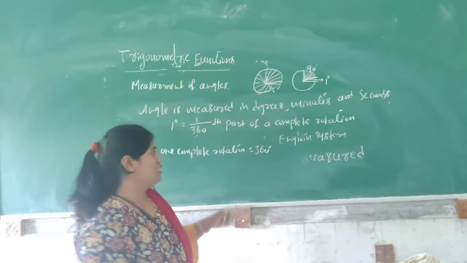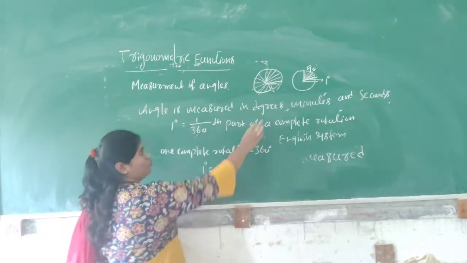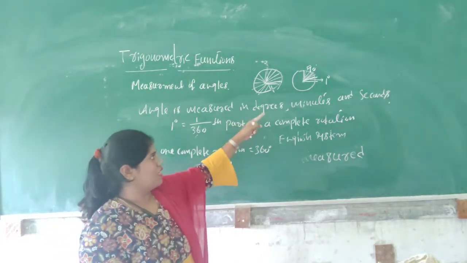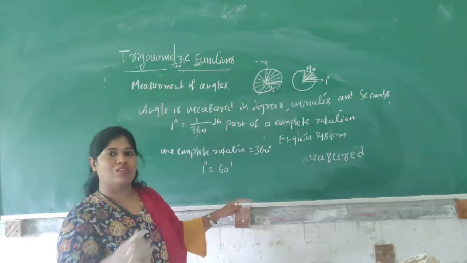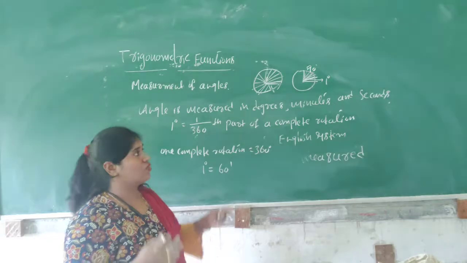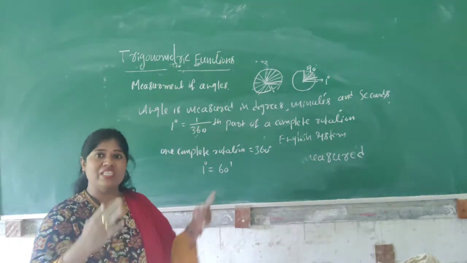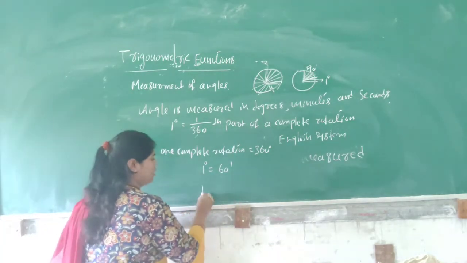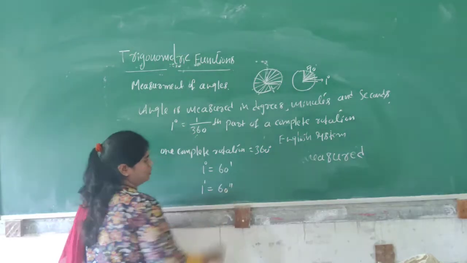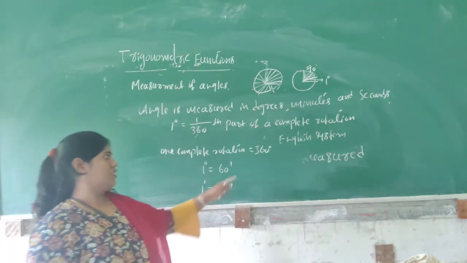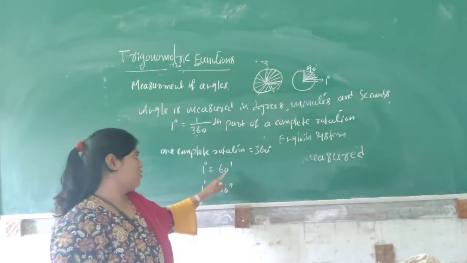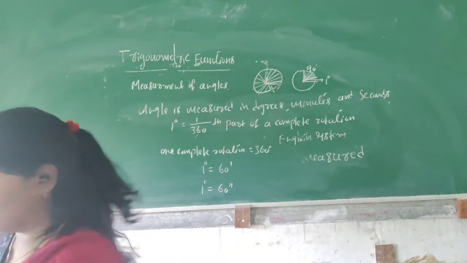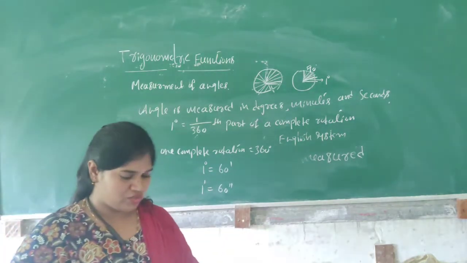That is 360 degrees. 1 degree is equal to 60 minutes, and 1 minute is equal to 60 seconds. So 1 complete rotation is equal to 360 degrees, 1 degree is equal to 60 minutes, and 1 minute is equal to 60 seconds. So this is nothing but the degree measure. You understood that one?